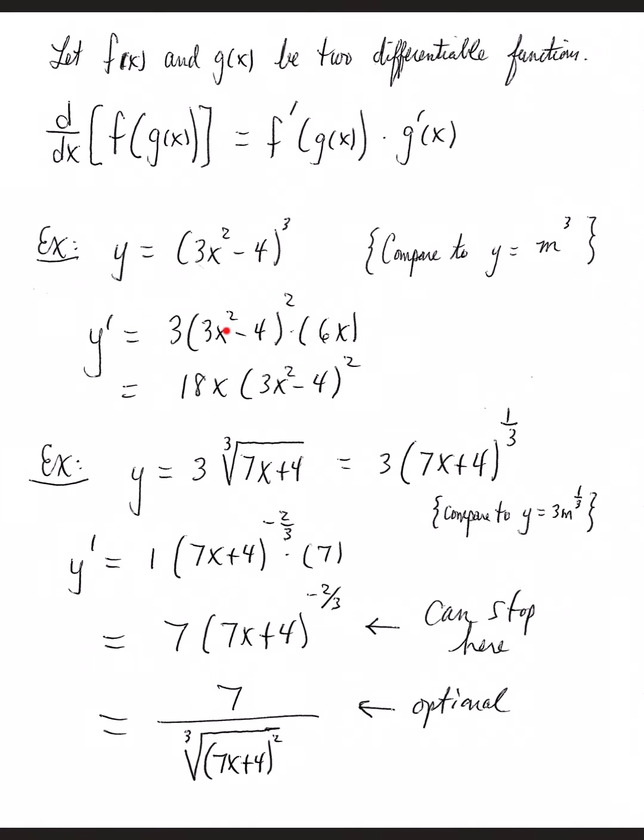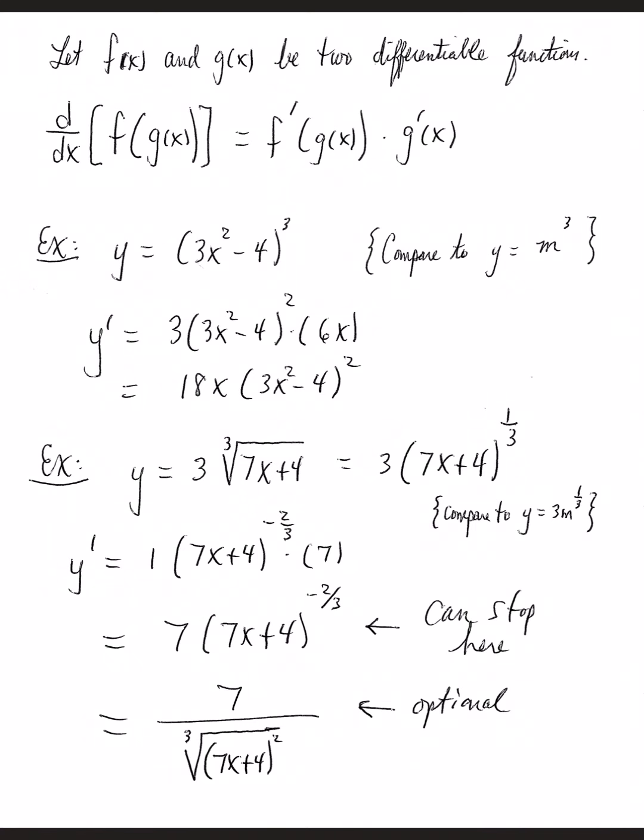3 something squared. This first part, f prime of g of x, is nothing more than taking the derivative of the outer part, which is 1 times 3. The inside left alone, that's why this g of x is identical. The inside part gets left alone.